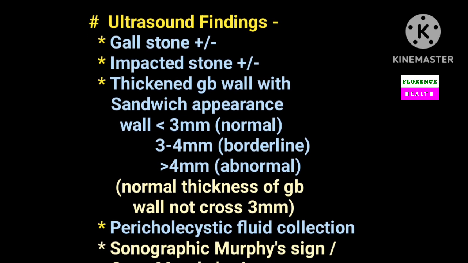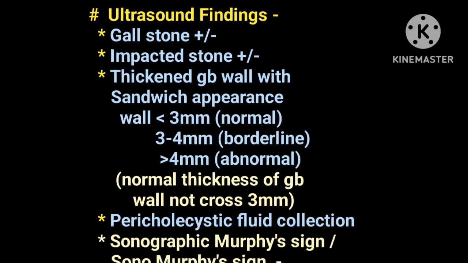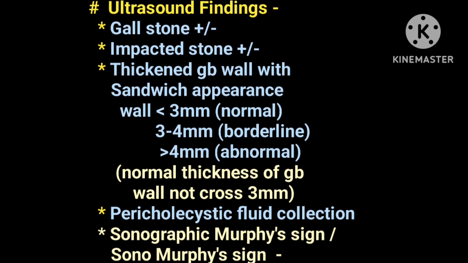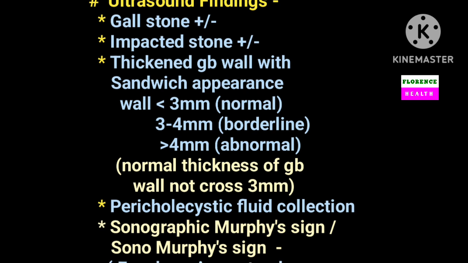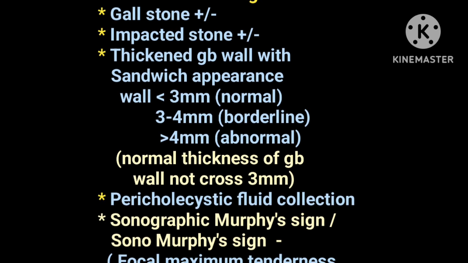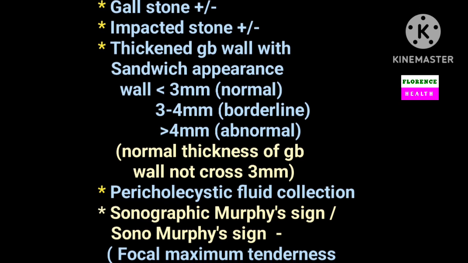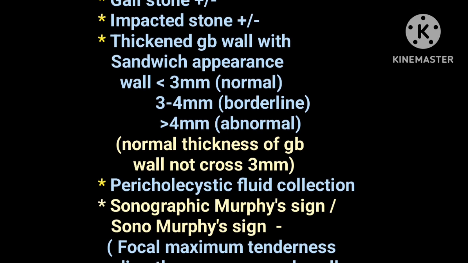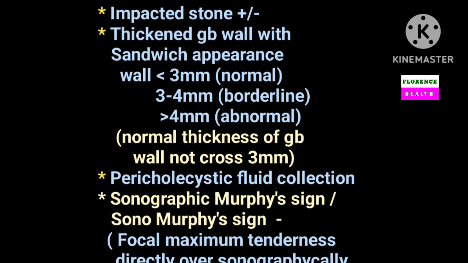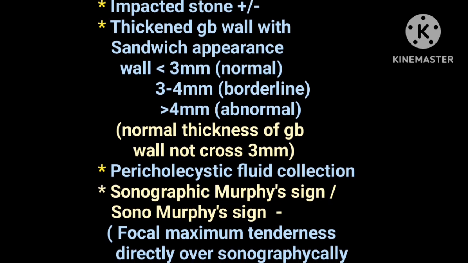But you have to recognize whether the stone is mobile or impacted. Mobile means it seeks gravitational dependence. That means on moving the patient to the other side or changing the position of the patient, the stone should move to the gravitational part.